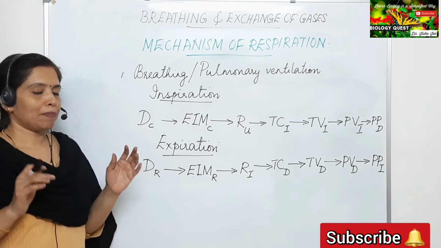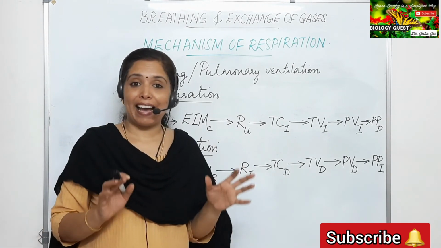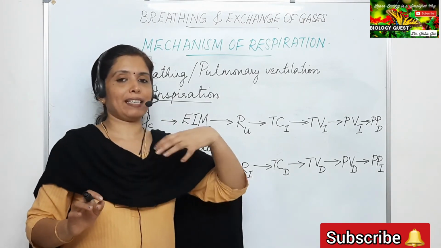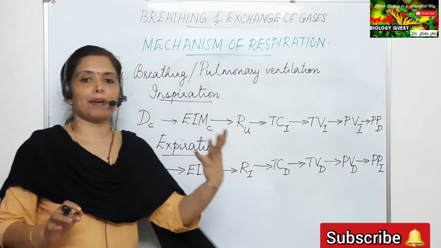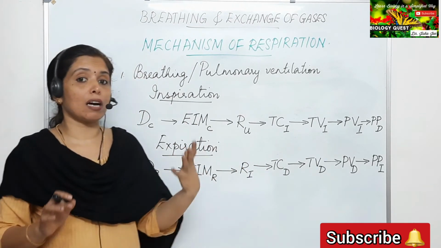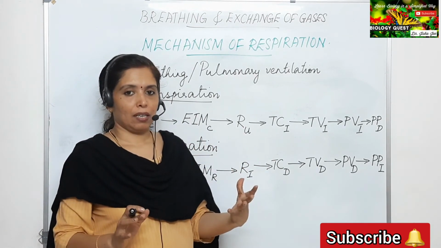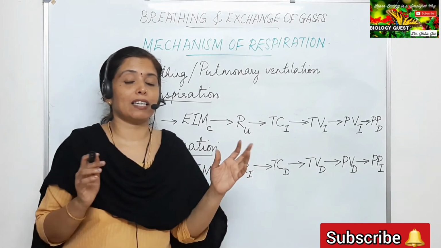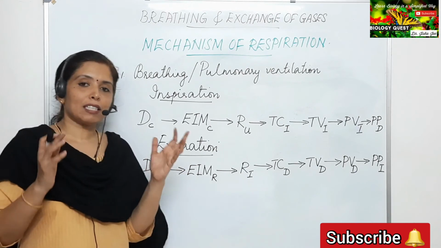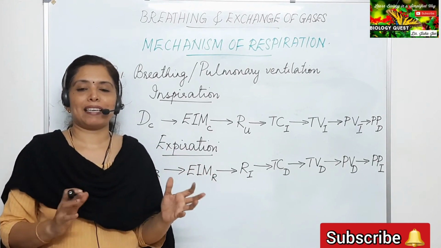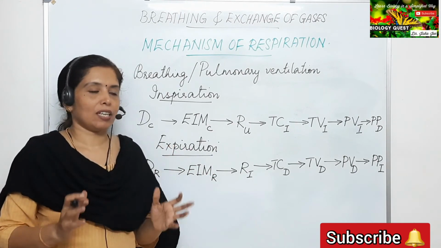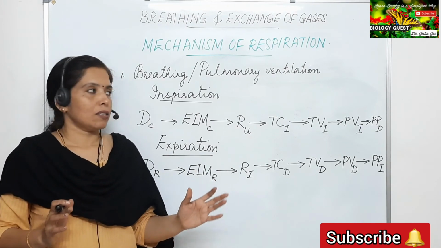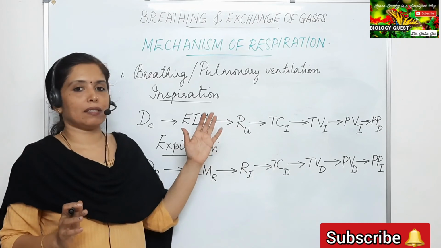So, as in the beginning I told you, the lungs lack musculature. The movement of air into and out of the lungs is brought about by the changes in the intrapulmonary pressure. How is this change taking place in the intrapulmonary pressure? It is because of the changes taking place in the pressure inside the thoracic cavity. Okay, so I hope this is clear to you.